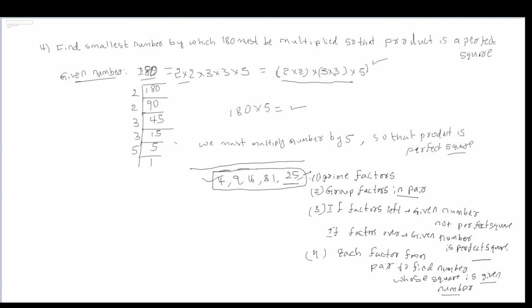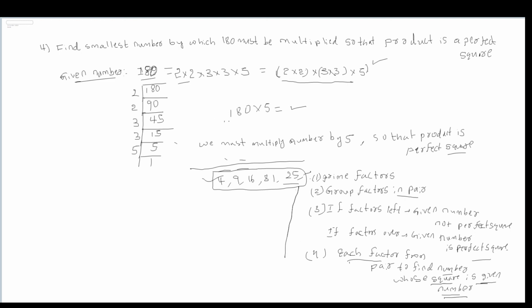Whatever the given number, they ask to find out whether it is a perfect square or not. We are finding the square root. I will tell you much later, but we have to take each factor from a pair to find the number whose square is the given number. These are the steps we followed.